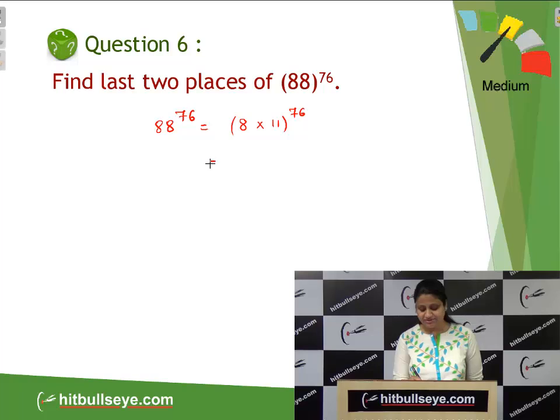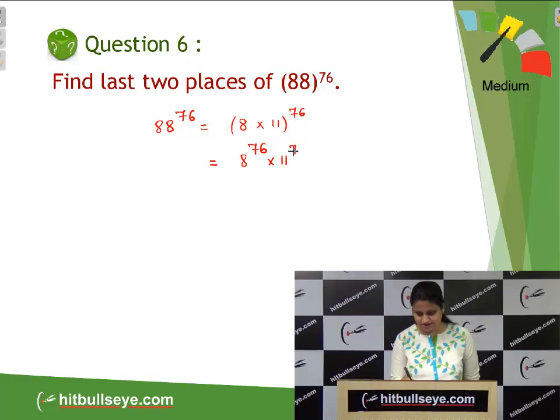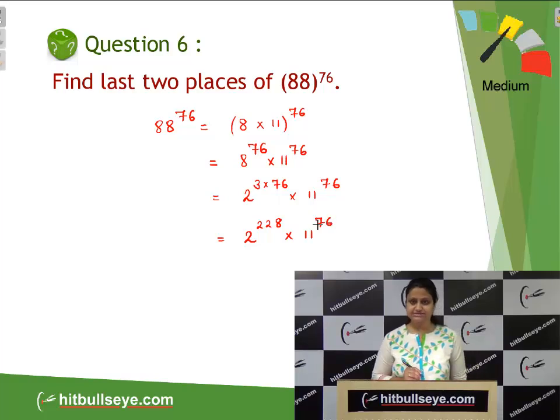We can write this number as 8 into 11. Now we can write it as 8 raised to power 76 into 11 raised to power 76. Now this 8 can be written as 2 cube. So it becomes 2 raised to power 3 into 76 into 11 raised to power 76. So it comes out to be 2 raised to power 228 into 11 raised to power 76.